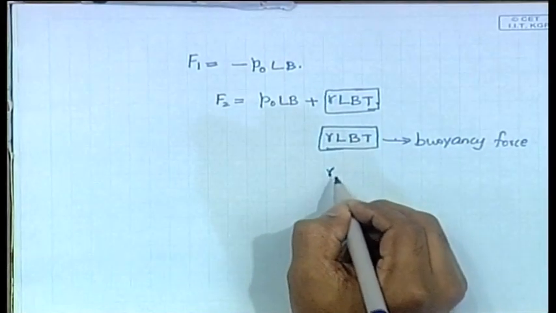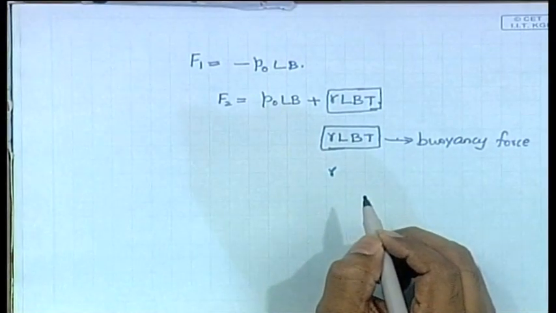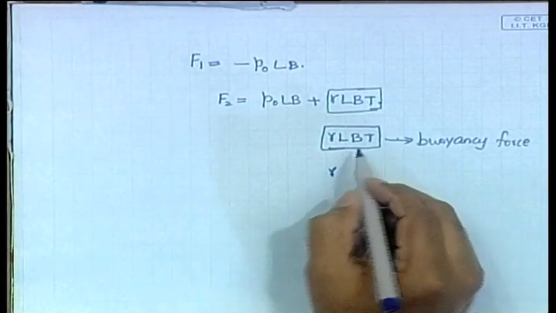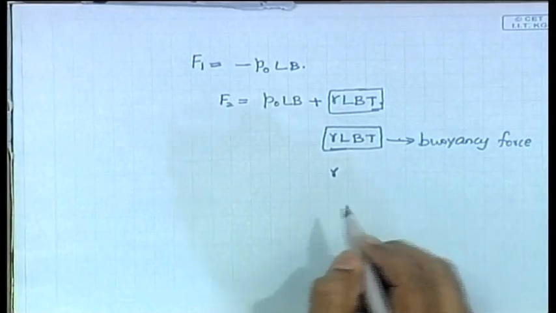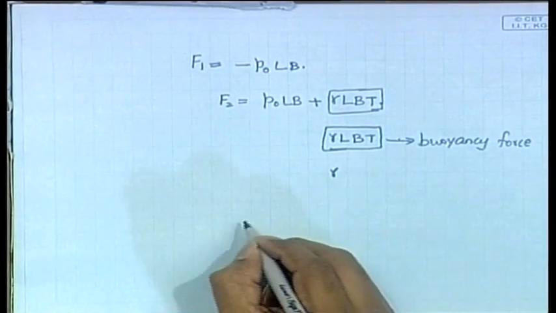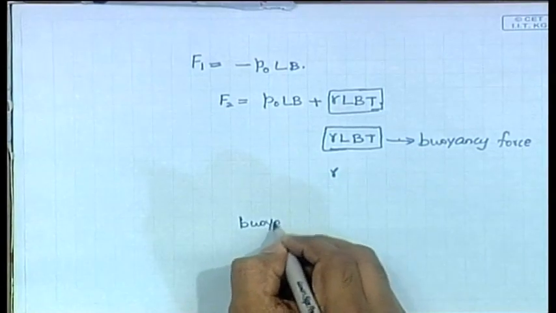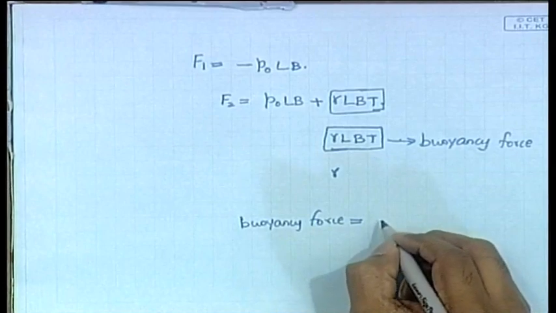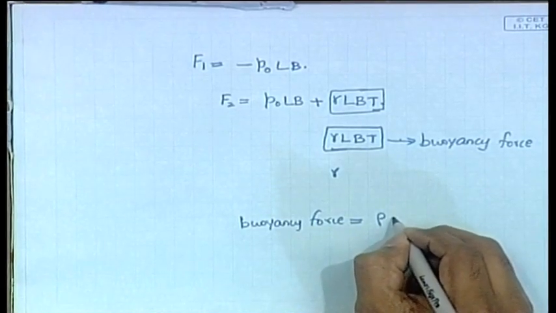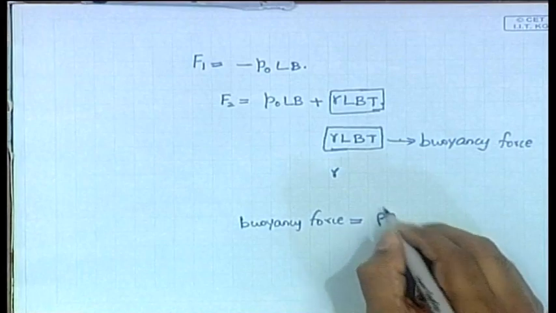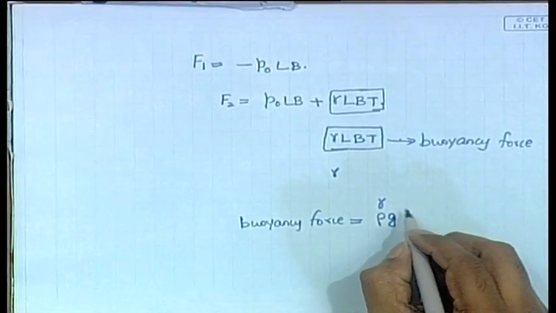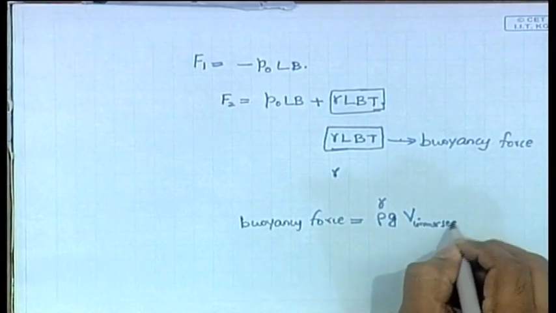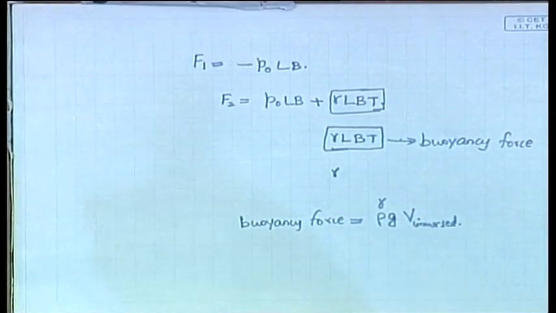Actually, this is equal to gamma, where gamma is the specific weight of water. Remember, it is not of the solid, it is that of the water. And LBT is the volume immersed. So, what you have is the upward force, the buoyancy force, equal to, if you want, I can write it in a term you are more familiar with, rho g, which is actually what we are calling gamma, into volume immersed, not the whole volume of the body, it is the volume immersed, which is LBT, not LBD.